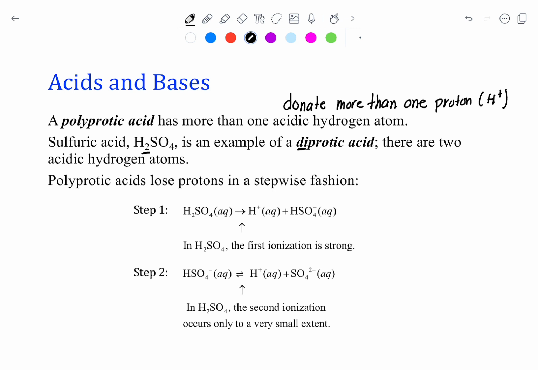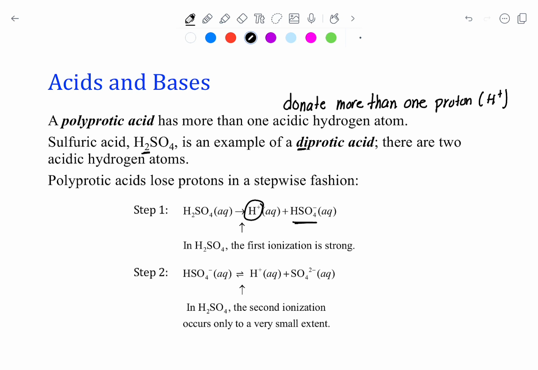So polyprotic acids are going to lose their protons in a stepwise fashion. They don't just give away both of their protons in one step. So with sulfuric acid, we see H2SO4 under its first ionization giving away just 1 hydrogen. The product of that is now the hydrogen ion as well as HSO4 minus.